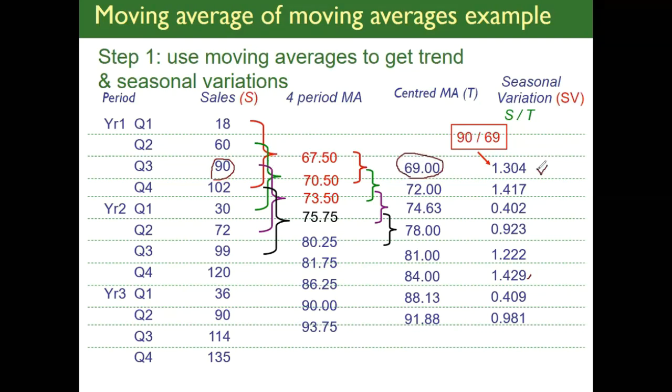In quarter number 4, your average is 72, but actual is 102. So it is again more. So it means that these 2 points are above the trend line.